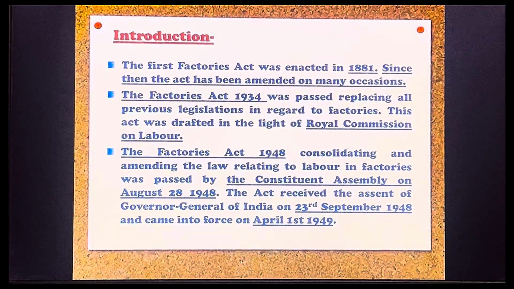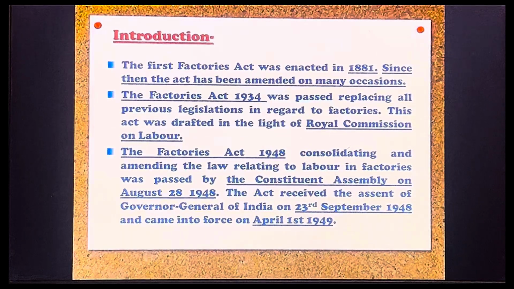In the year 1881, the Factories Act was first enacted in India, after which this act has been amended several times on many occasions.